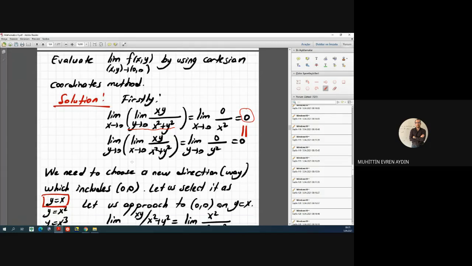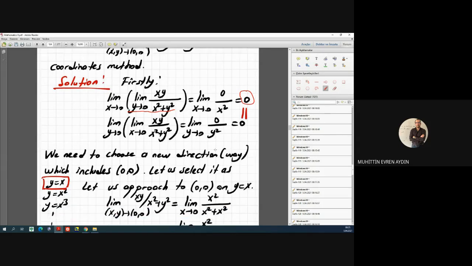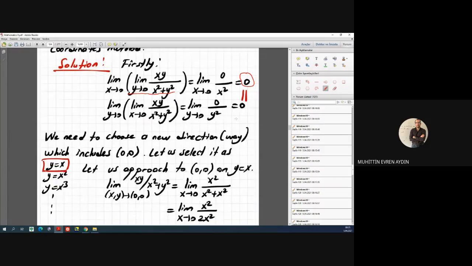And similarly, we again obtain 0. If those are equal, then we have nothing. If those were different, then we would say the limit does not exist. But otherwise, if those are equal, then we can't say anything at the moment.